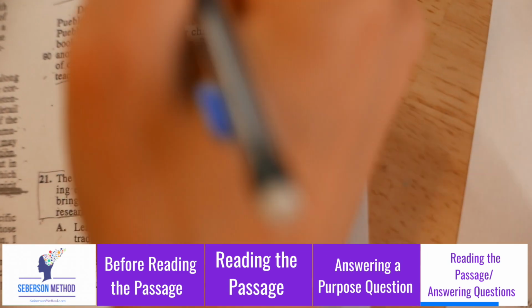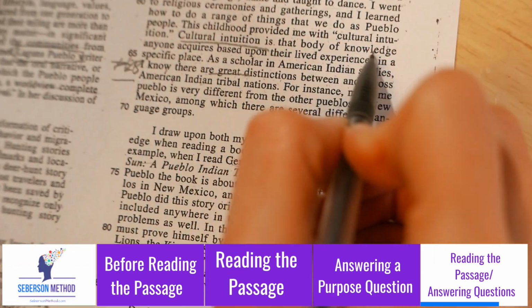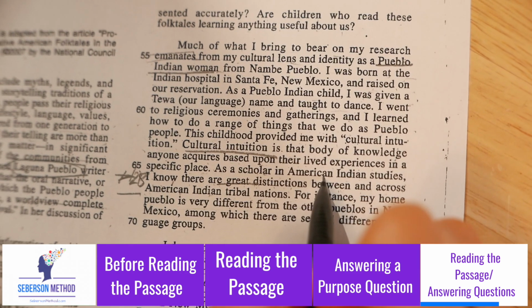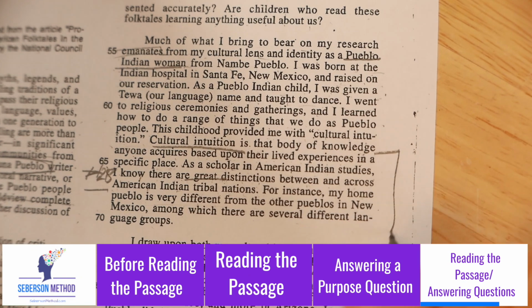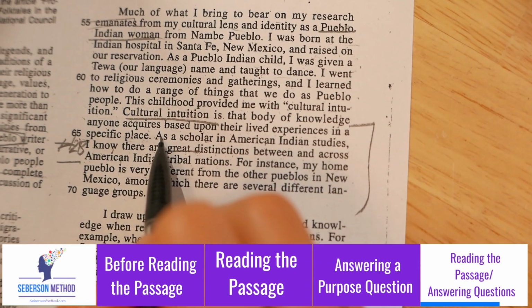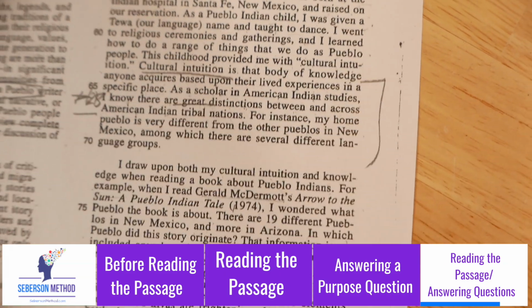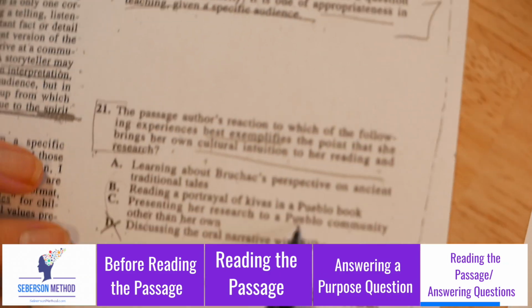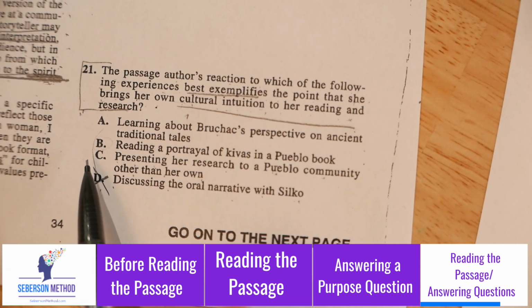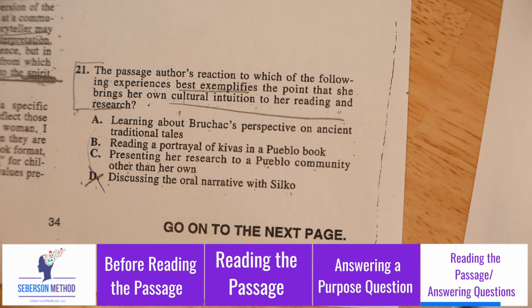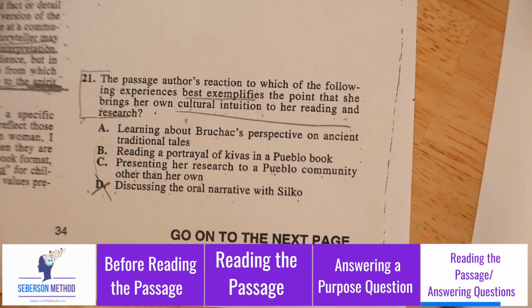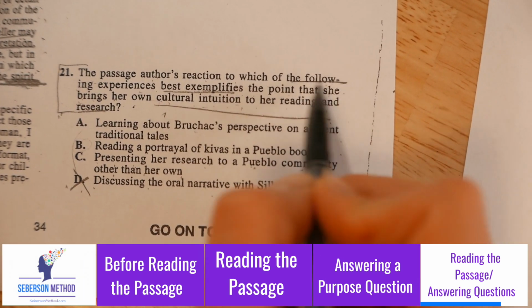We were talking about cultural intuition here. Is the body of knowledge specific place a scholar? Okay, so it's here. Body, a specific age as a scholar in American Indian studies. I know that there are great distinctions. Okay. Presenting research. Well, I don't think that there is a place where she is presenting. Yeah, there isn't.